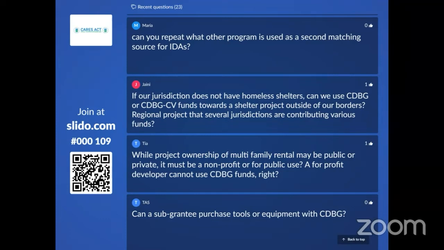But you may have other federal agencies like the Department of Education that help with education IDAs, for example. Or Department of Commerce for Economic Development IDAs, where persons are saving money to open a business or start a business.